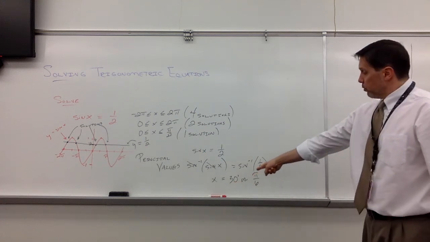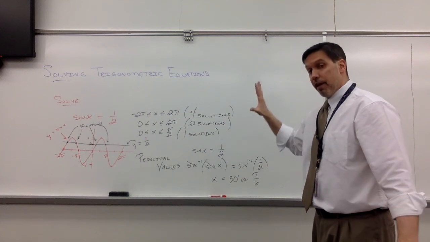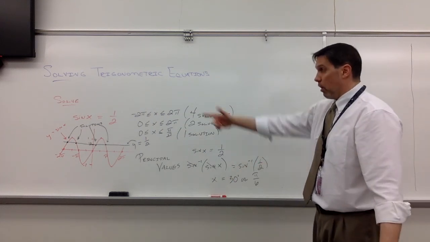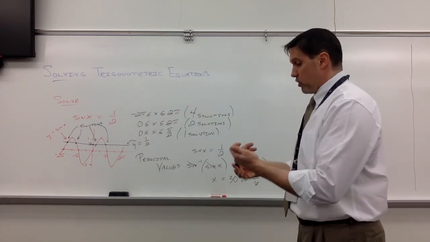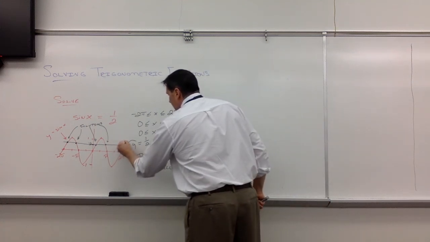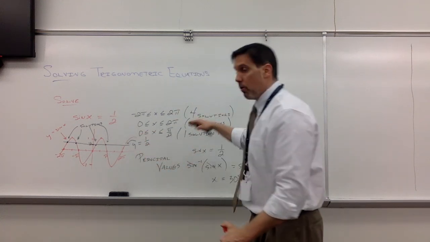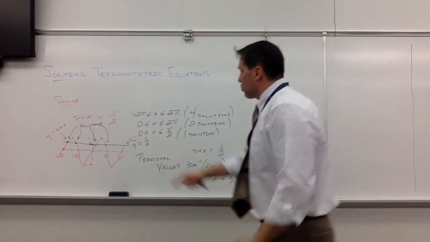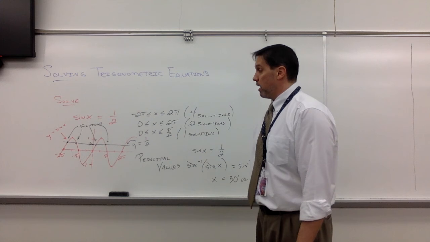This is called your principal value. It's the one the calculator operates on when it does a functional inverse. So as far as solutions go, we can't just say, hey, solve this. Because if you solve a general trigonometric equation, since they are periodic, there's going to be infinitely many solutions, because this wave keeps going on and it's going to keep intersecting this horizontal line at infinitely many locations.